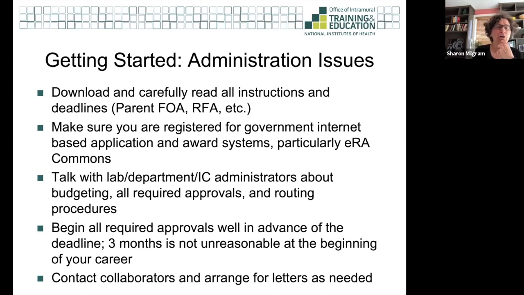You want to talk with the appropriate people about budgeting, about approvals, about how you get the grant routed through your university or through your institute. At Chapel Hill, it had to go to our department chair, then the dean of our college, and then it went to the provost, and then it got approved and submitted through the Office of Research Services.